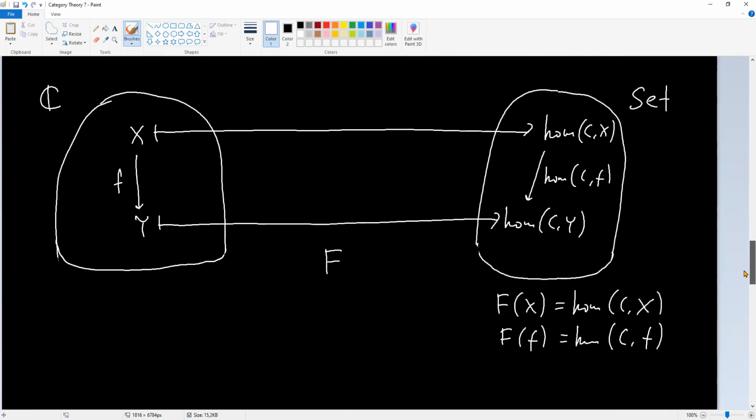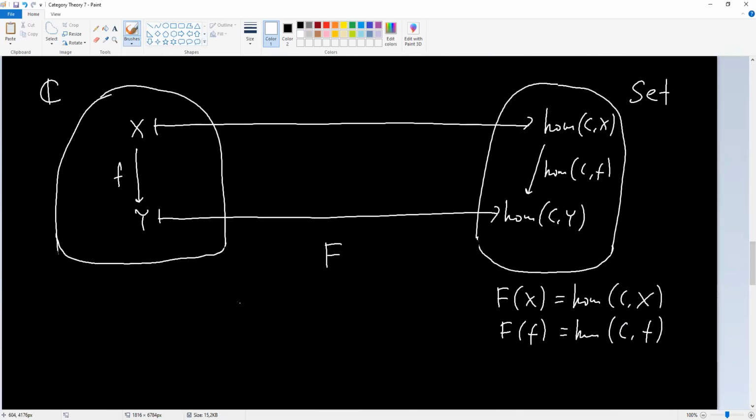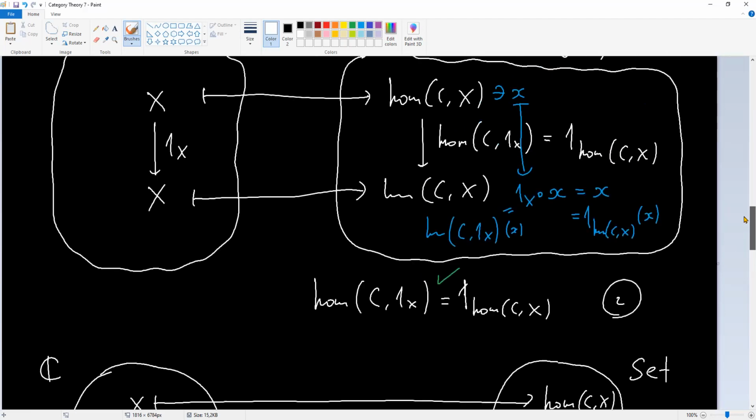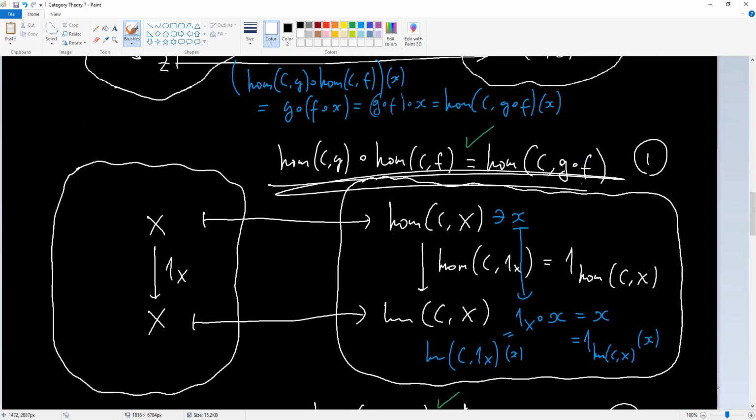Now those two equalities we had, equality 1 and equality 2, which we have also established, can now be rewritten with the capital F notation. F of G composed with F of F equals F of GF. It's exactly this first equality here, except that I've swapped the sides now.